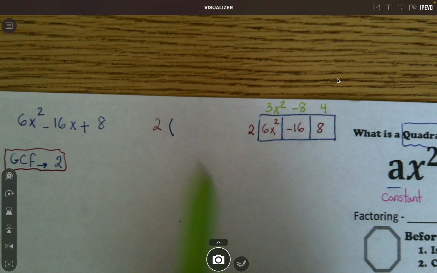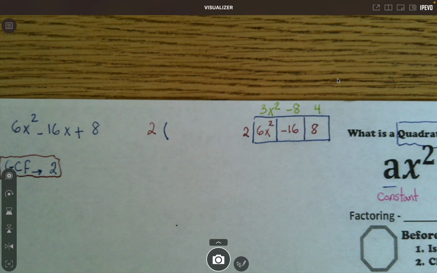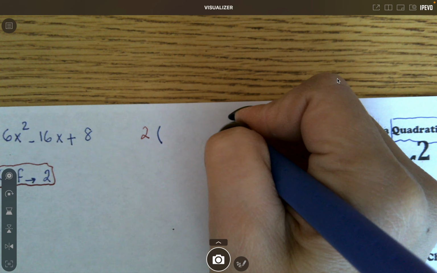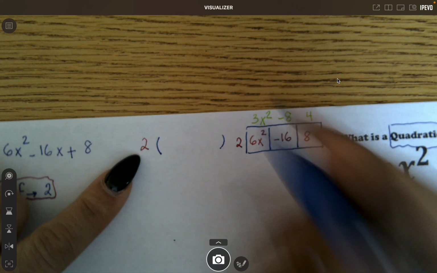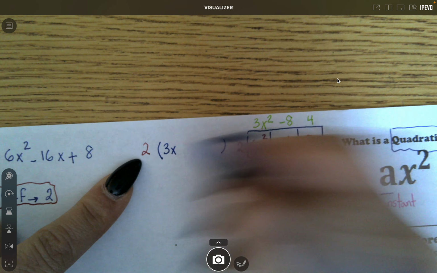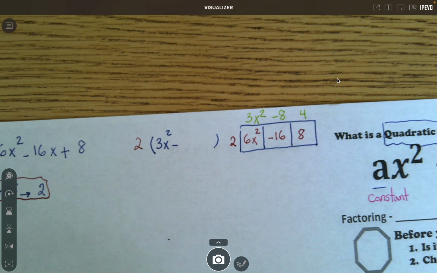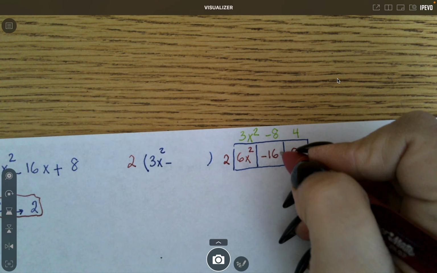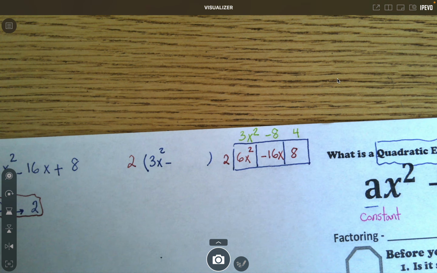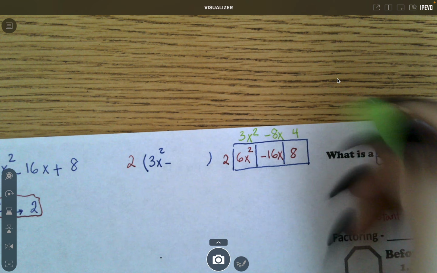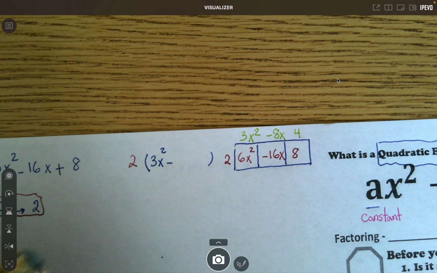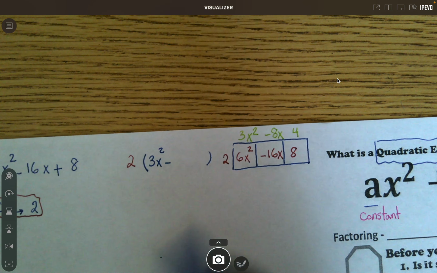So my simplified version of my expression should look like 3x squared minus, oh, I forgot to put x here. My bad. Now it makes sense. So that would be negative 8x. Okay? Because otherwise it wouldn't make sense.